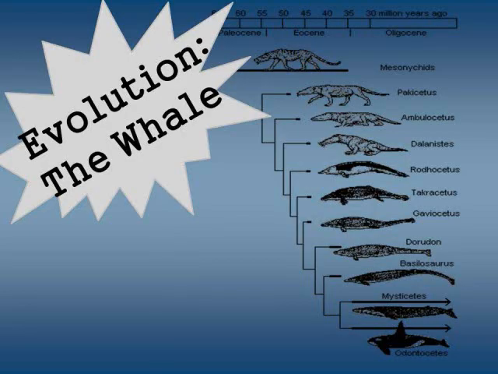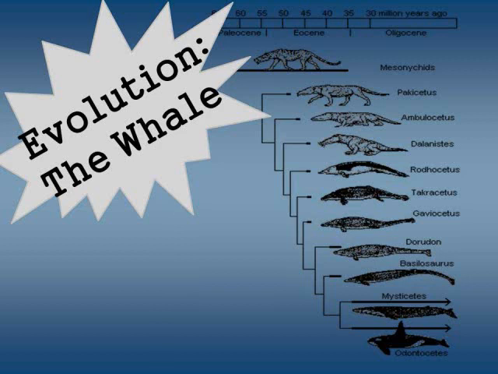Well, here you can see a cladogram, and we'll learn more about cladograms as we go through evolution, and particularly when we get into classification and diversity. A cladogram is basically a picture that shows evolutionary relationships.